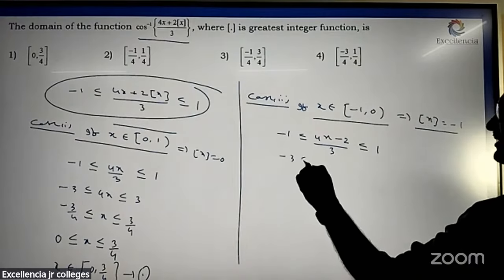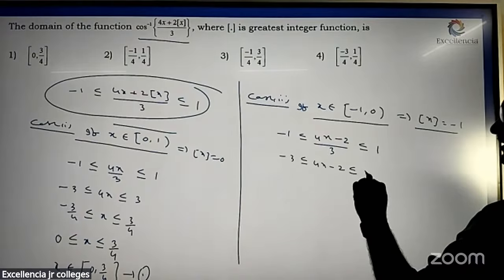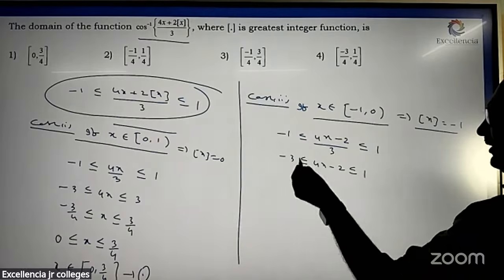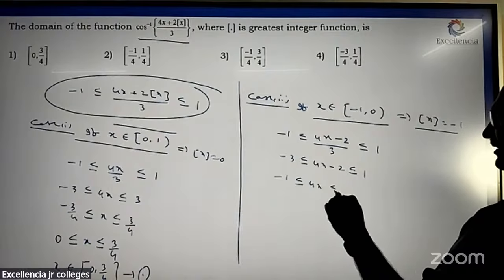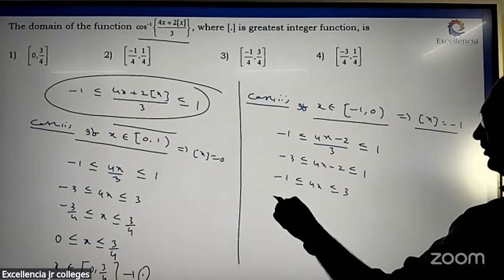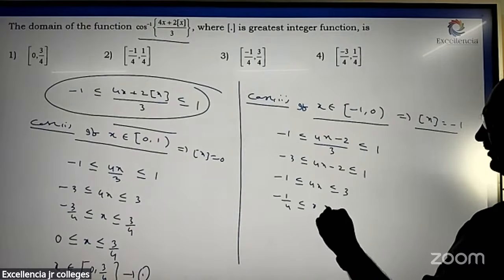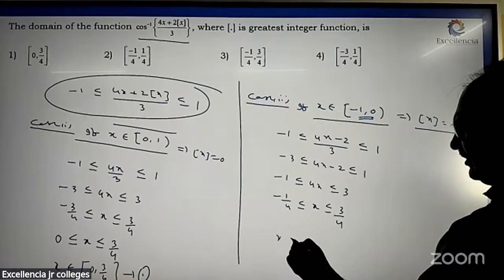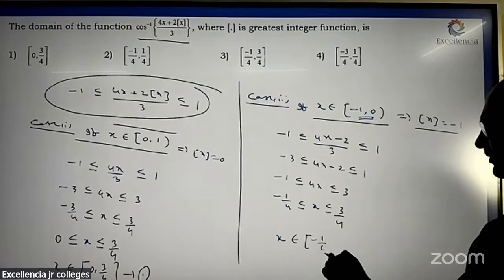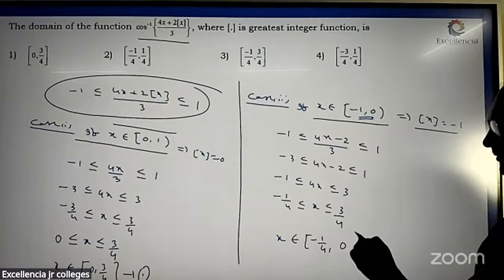Or I can write minus 3 less than or equal to 4x minus 2 less than or equal to 3. So adding 2, that is minus 1 less than or equal to 4x less than or equal to 5. So minus 1 by 4 less than or equal to x less than or equal to 3 by 4. But here I am taking all negative values. That is, x belongs to closed interval minus 1 by 4 to 0.